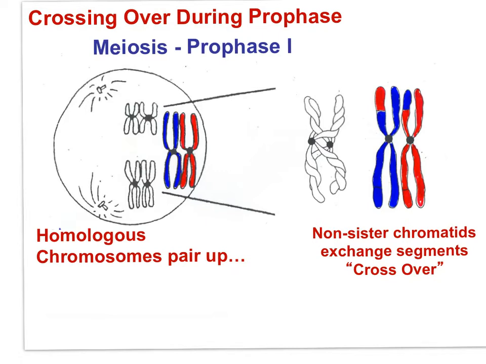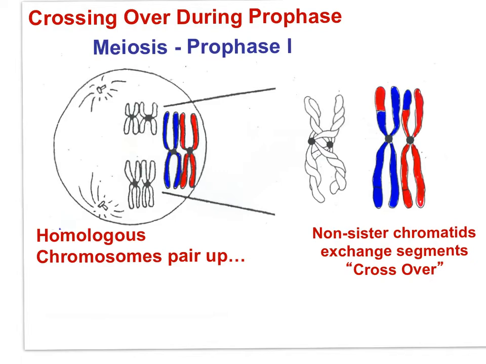The non-sister allele for a gene is now here, and it's now linked together with alleles of other genes that it hadn't been before crossover. The other allele is now here, newly linked to alleles of other genes that it hadn't been linked to prior to crossover. I'll explain crossover a little bit better in the slides to come.